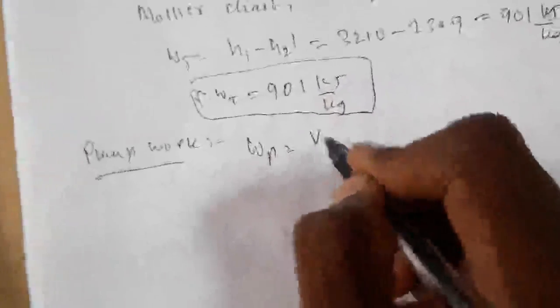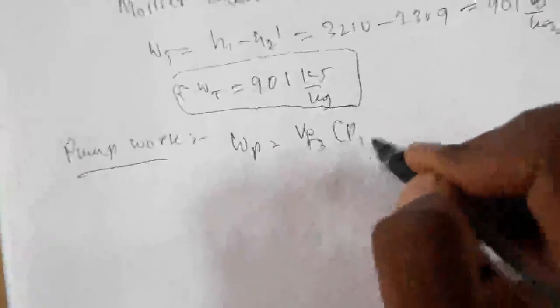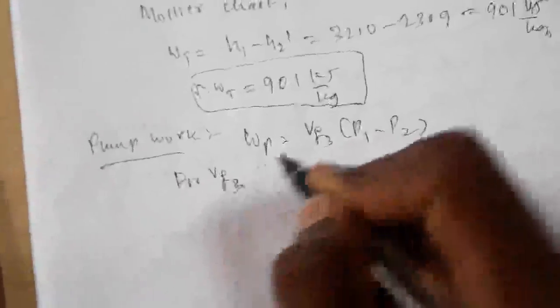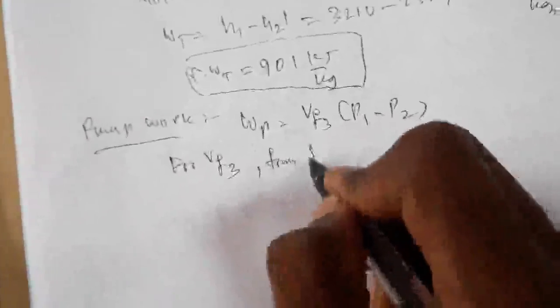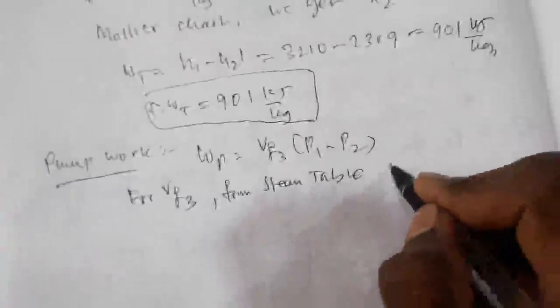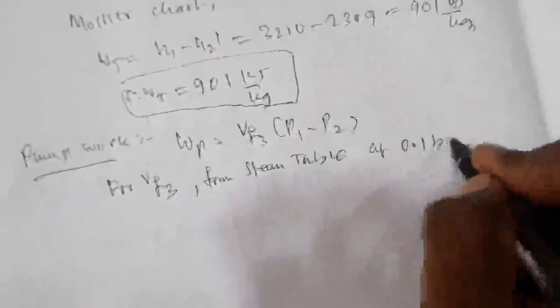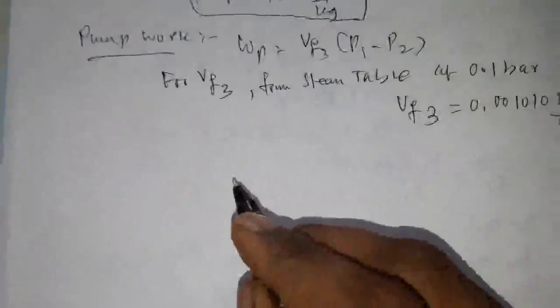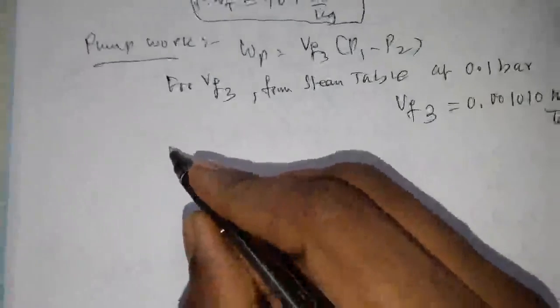We know the formula for the pump work: WP is equal to VF3 into boiler pressure minus condenser pressure. For VF3, from the steam table at 0.1 bar, we can get the pump work.